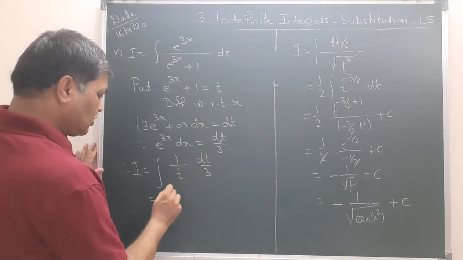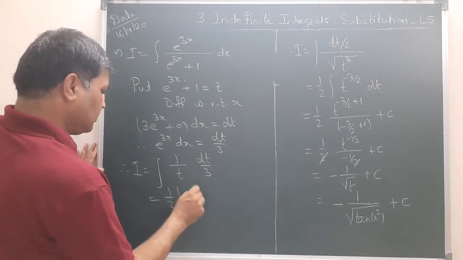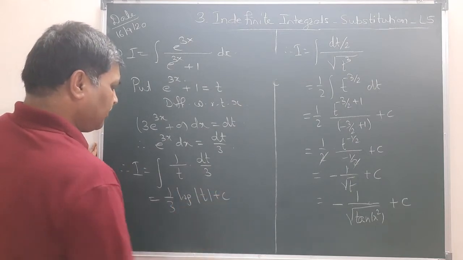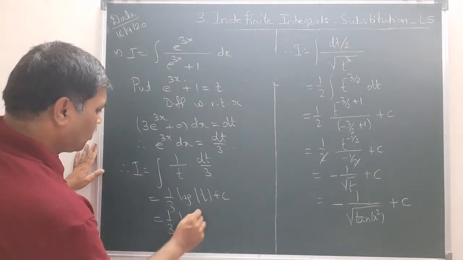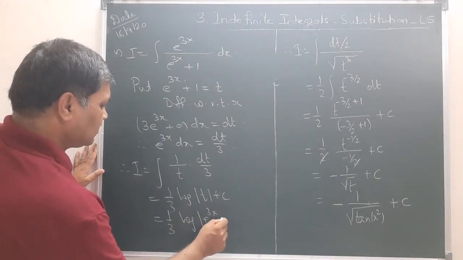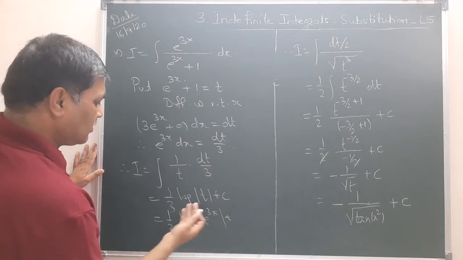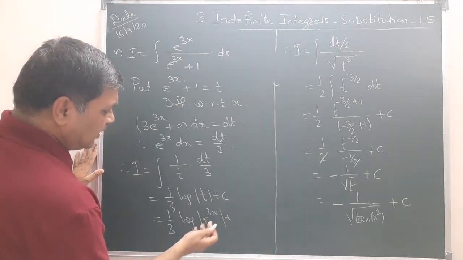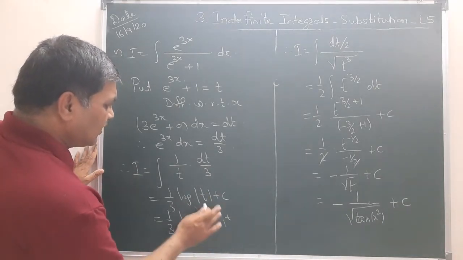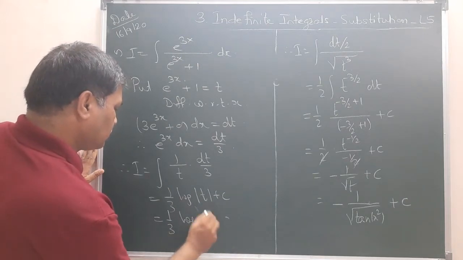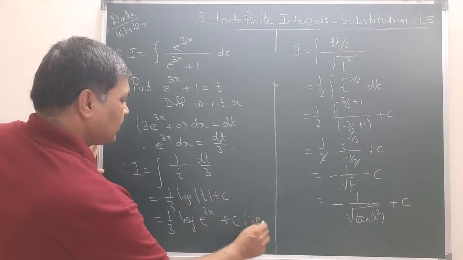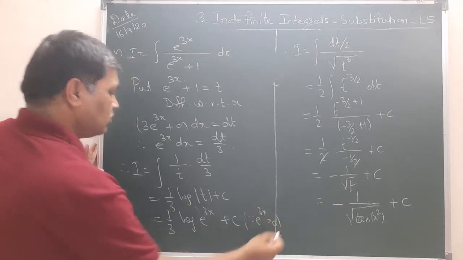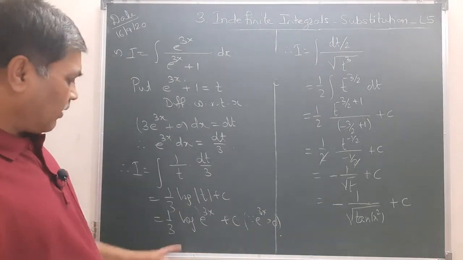1 by 3 is constant, so 1 by 3 into log of mod t plus c, which is equal to 1 by 3 into log of mod of e raised to 3x plus 1, plus c. But e raised to 3x plus 1 is positive, so the mod sign is not necessary, since it is positive, and that's why modulus is not required.